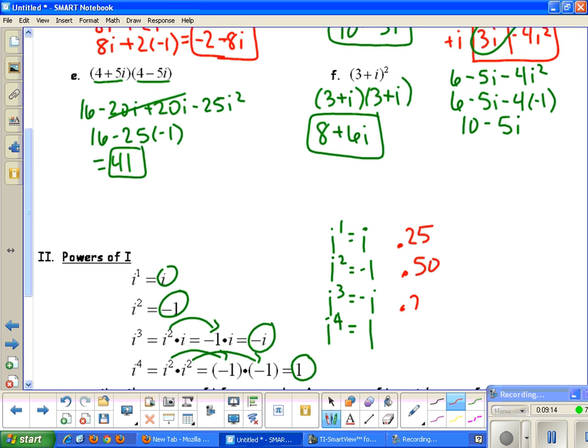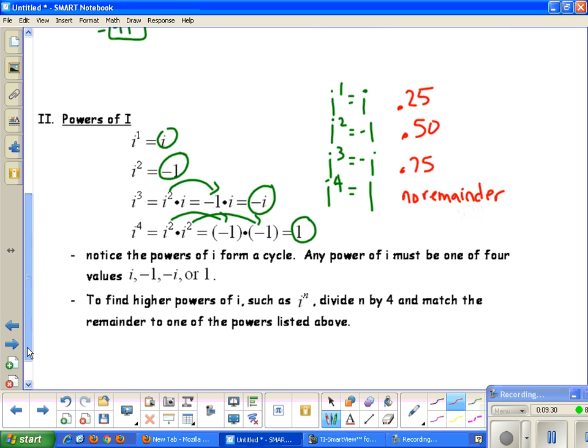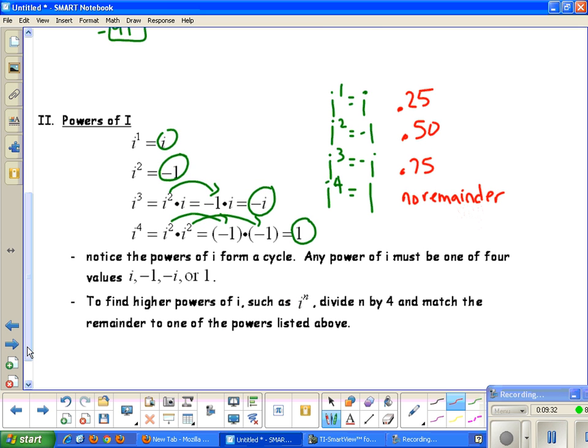Anything with a remainder of 0.75 is going to be i to the third power, and anything with no remainder would be equal to 1, or i to the fourth. So again, to find higher powers of i, such as i to the n, divide n by 4 and match the remainder to one of the powers listed above.